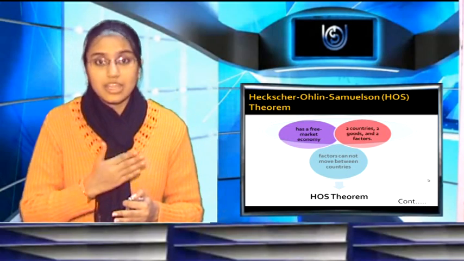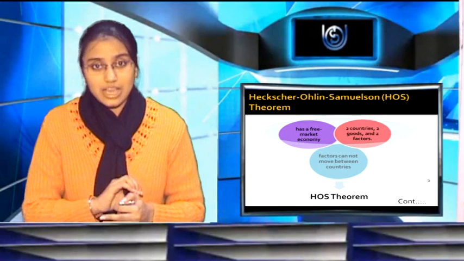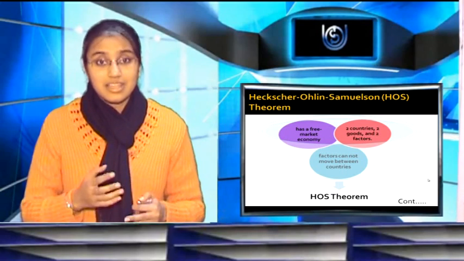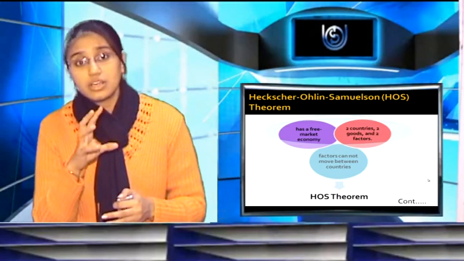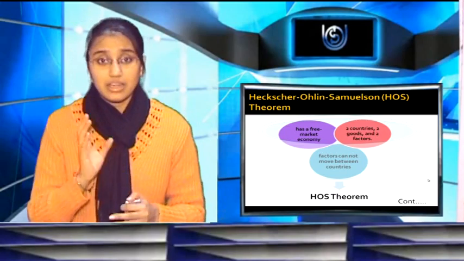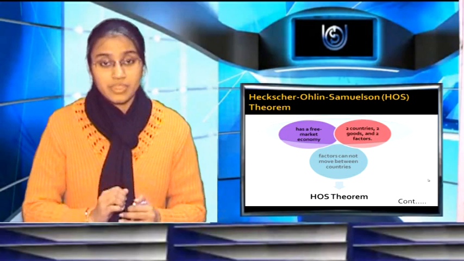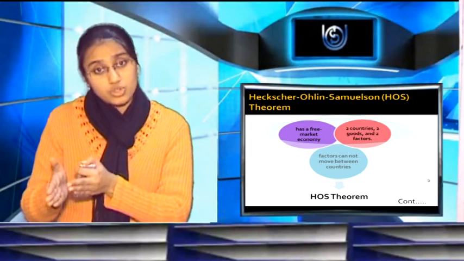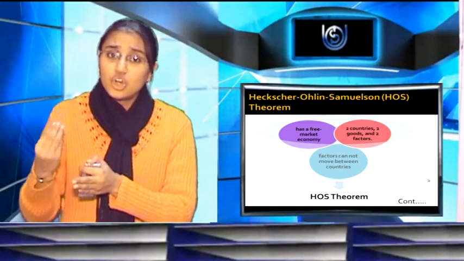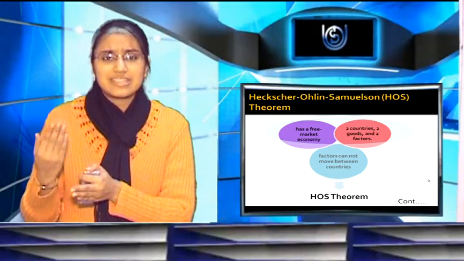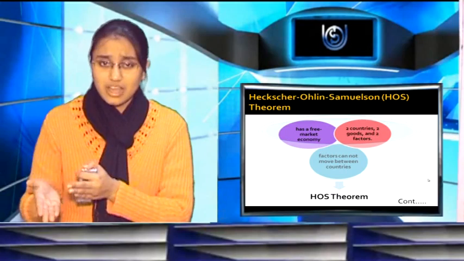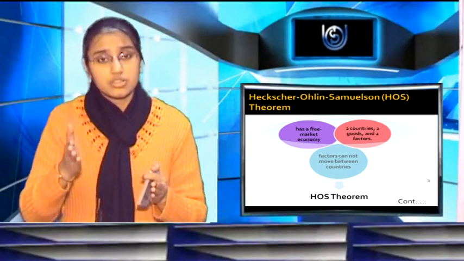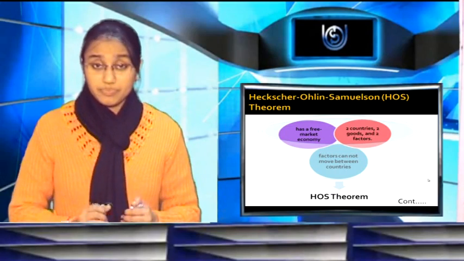That means they are very good in the production, they are full-fledged in that production, or we can say that country is abundant in those resources or factors. Whereas they will import only those products in which they are locally scarce. That means there is a scarcity in that country. The local market is not full-fledged to serve that particular demand.